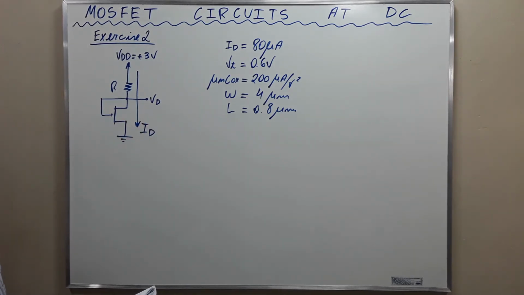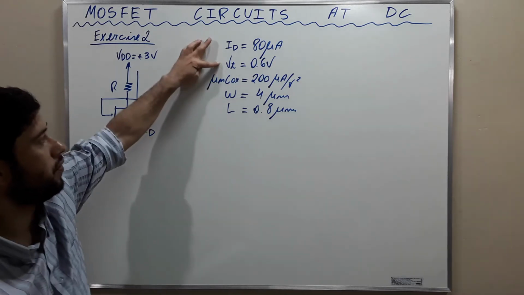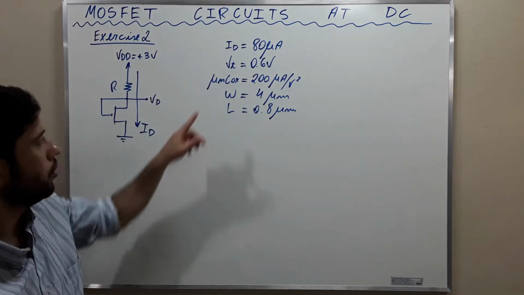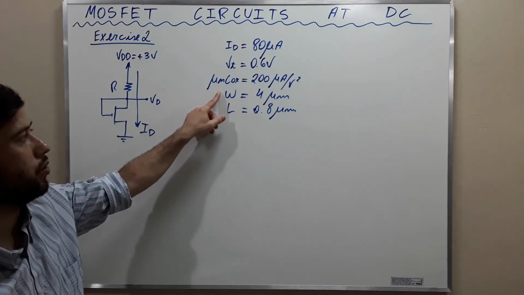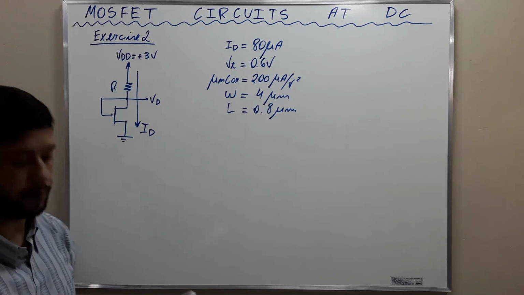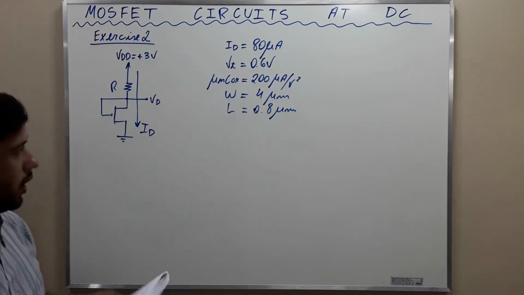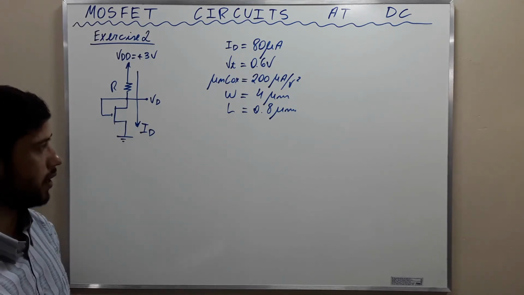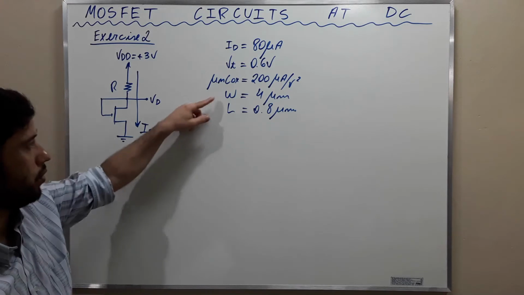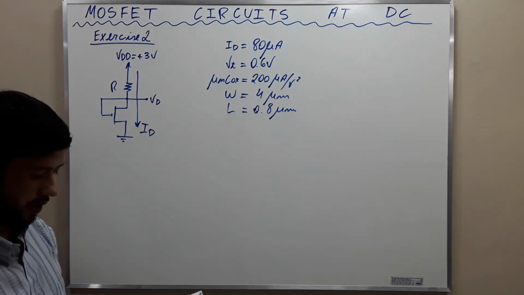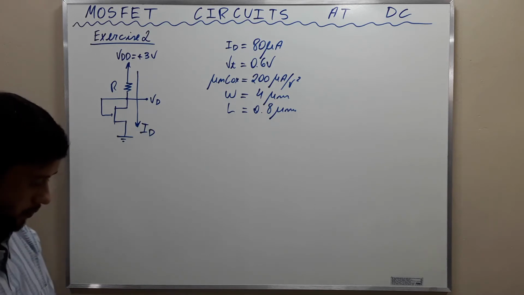Let the NMOS transistor have VT equal to 0.6 volts, μnCox equal to 200 microamperes per volt squared, L equal to 0.8 micrometers, and W 4 micrometers. Neglect the channel length modulation effect.